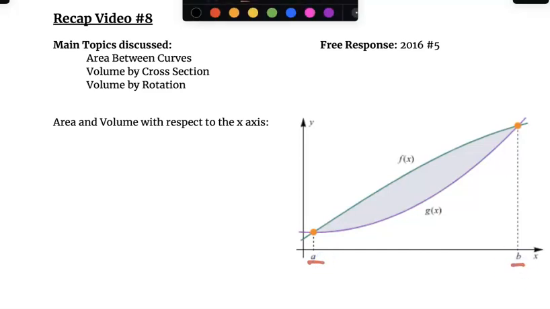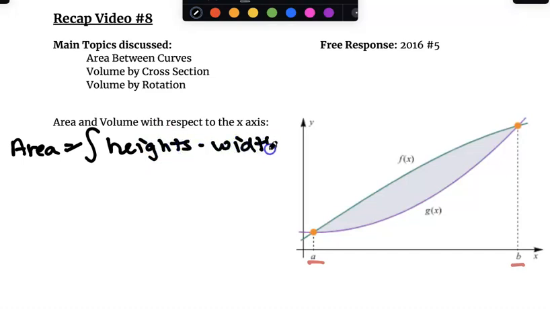So to get started, if I think about the idea of area, it is going to be the collection of a whole bunch of infinitely small rectangles that have heights and widths.